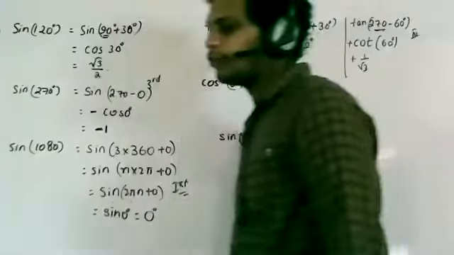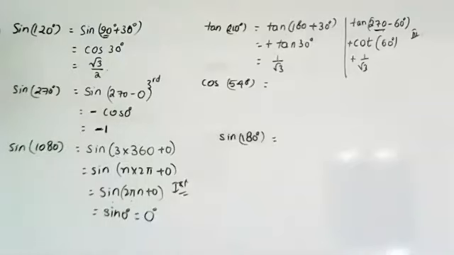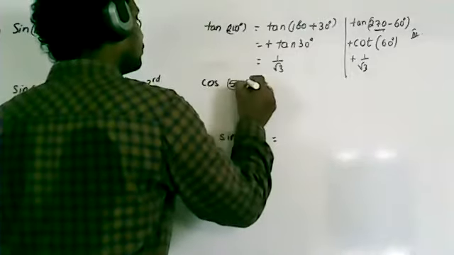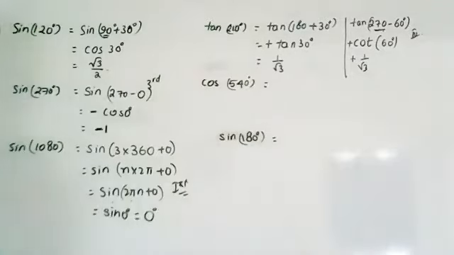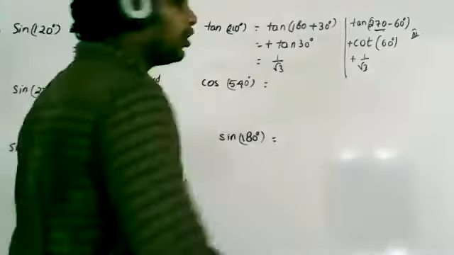Now tell me cos 540. What is the value of cos 540? How to write cos 540? You can write like this.